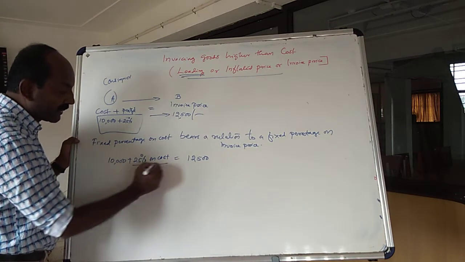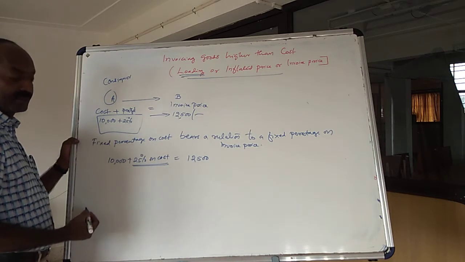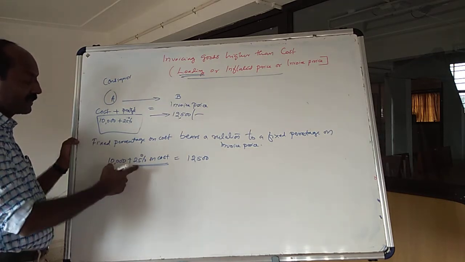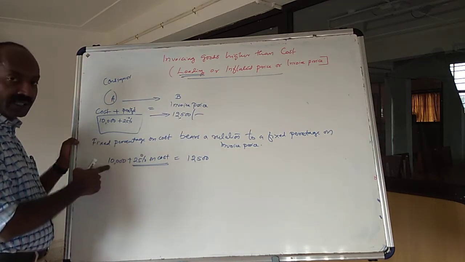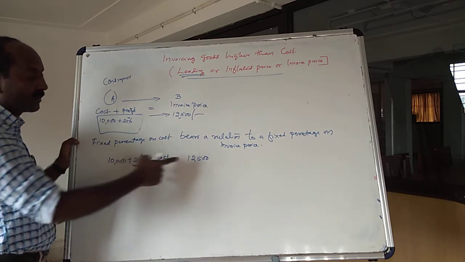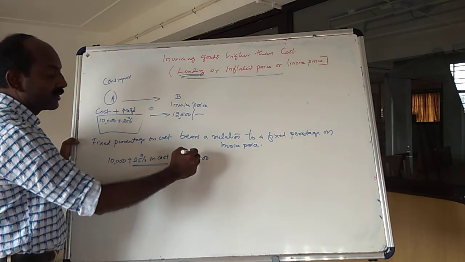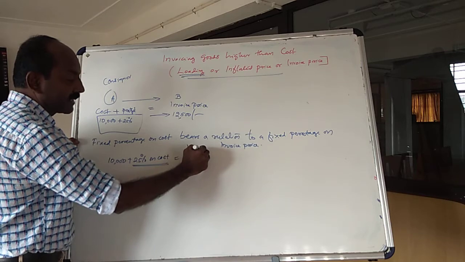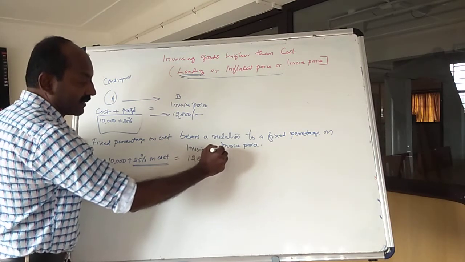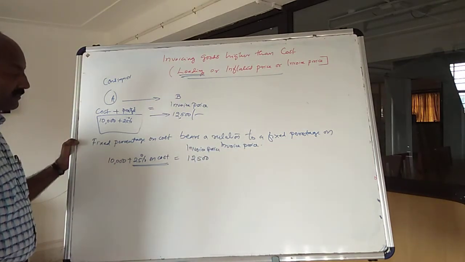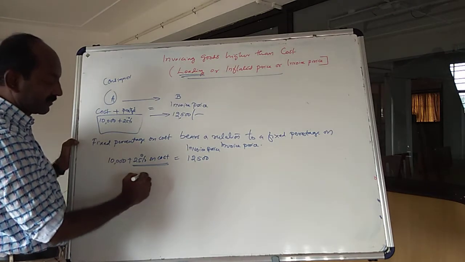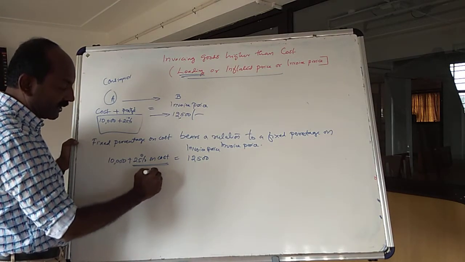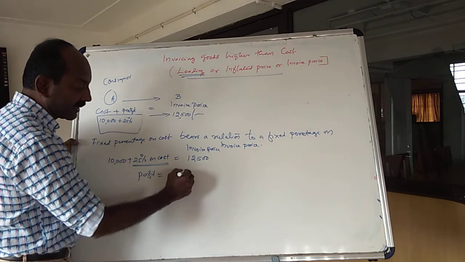So 25% on cost, that means 25% on 10,000. Invoice price is 12,500. Now what is the profit? Profit, we have seen, is 2,500.